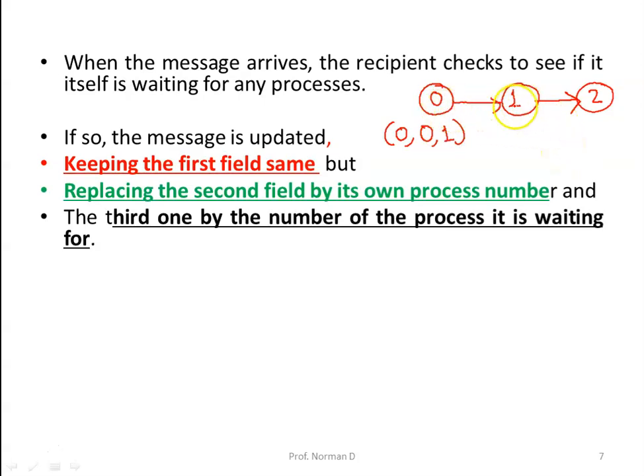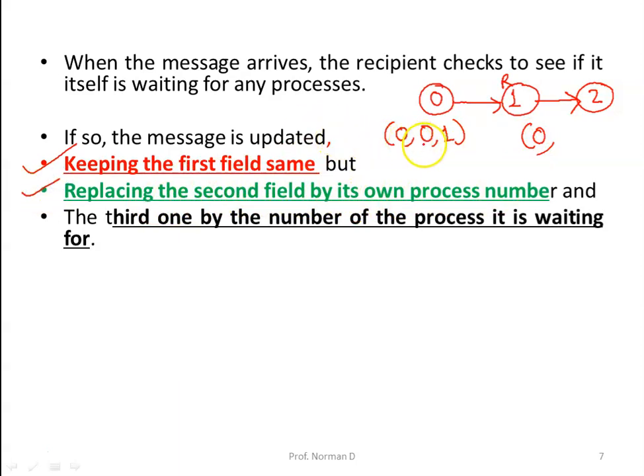Now when the message arrived at the recipient, it checks to see if it is itself waiting for any other process. Now in this case 1 is waiting for some resources held by process 2. So in this case we keep the first field the same. So now the probe message from 1 to 2 would be 0, replacing the second field by its own process number.